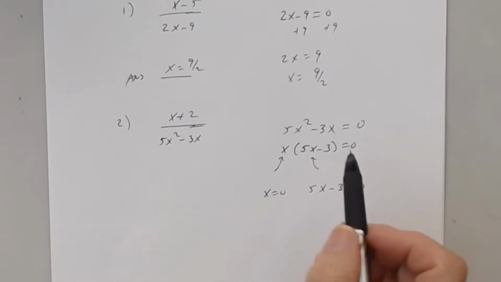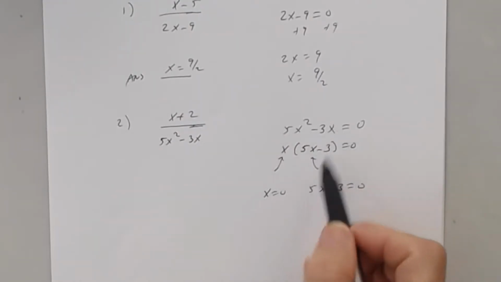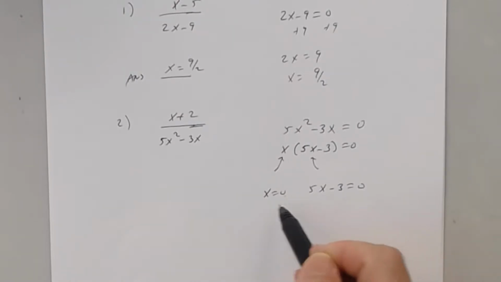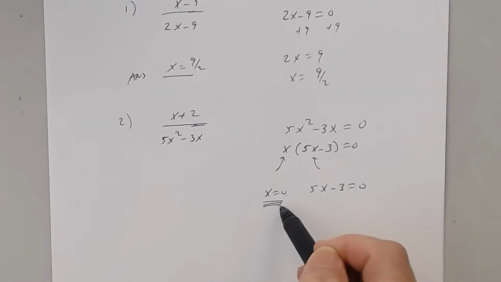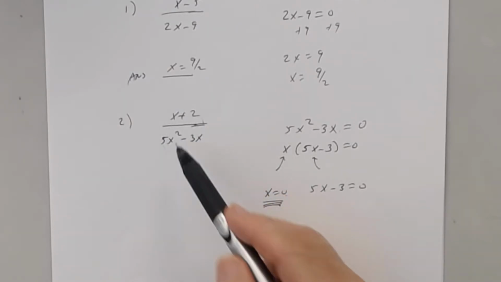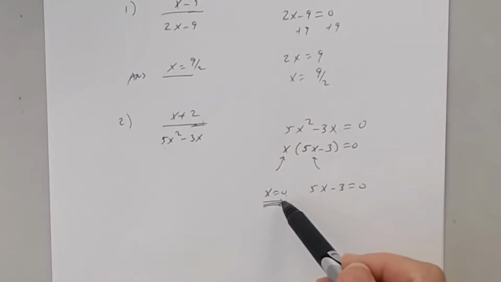Notice I went from a quadratic equation to two linear equations. In the first, the variable x is already by itself, so one of the values that makes this denominator 0 is 0.